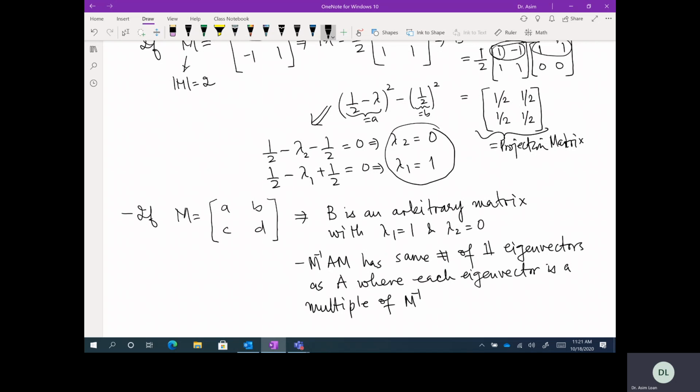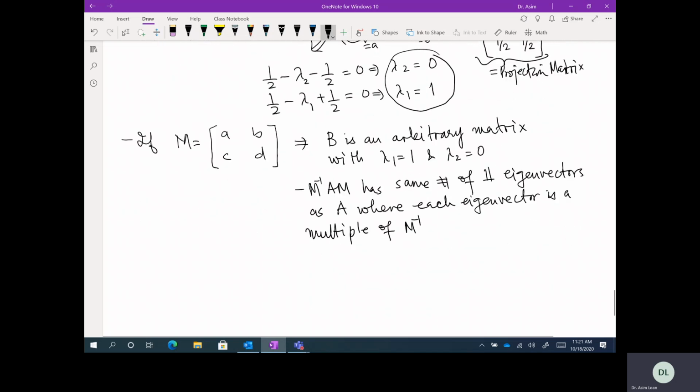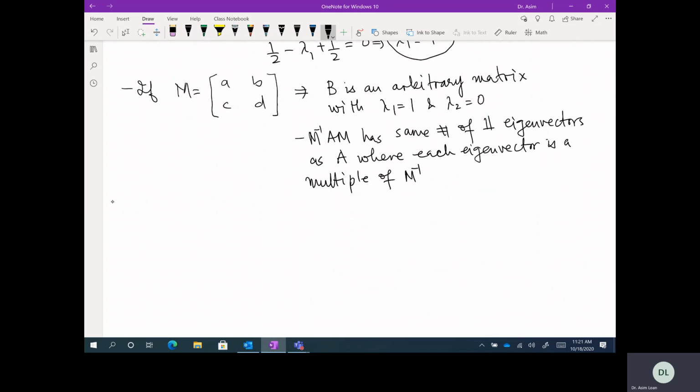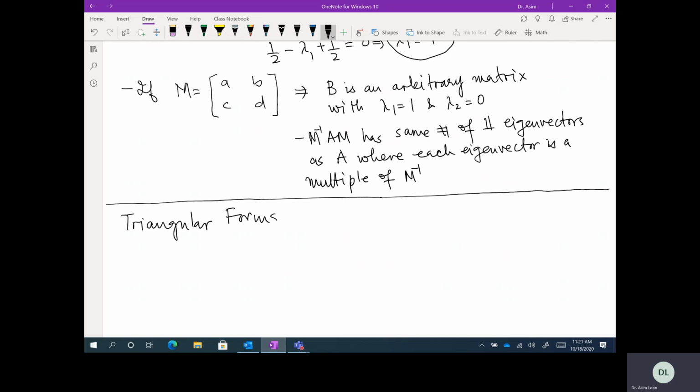Okay. So let's move on and see what is a special form of a matrix when M is a unitary matrix. So triangular forms with a unitary M. So now specifically, M is a unitary matrix.